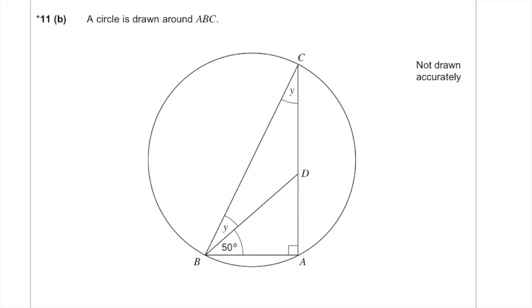Question 11, part B. A circle is drawn around ABC. Give a reason why BC is a diameter of the circle. Now, the key thing here to notice is that this angle here, angle BAC, is equal to 90 degrees. So we have an angle at the circumference of 90 degrees, which must be subtended from a diameter, i.e. BC has to be a diameter.